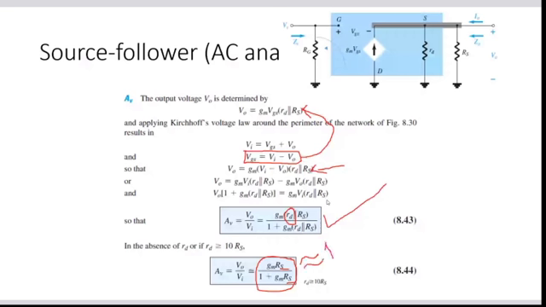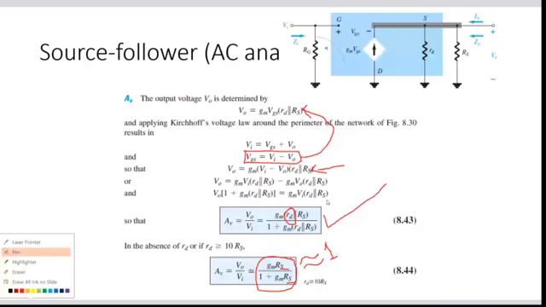This is the same condition as for the emitter follower we were using, correct? V output is equal to V input for the emitter follower also. For the source follower also, we get the same thing here. So this is about the source follower.